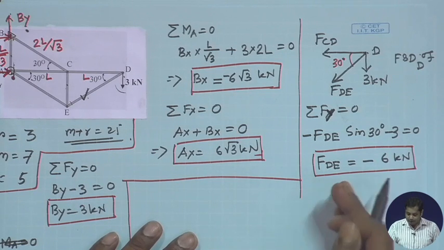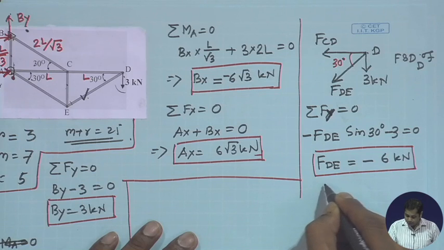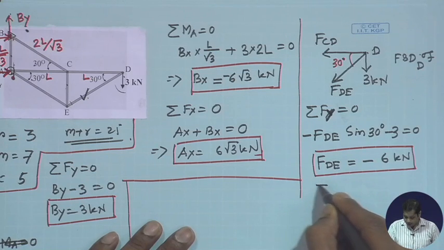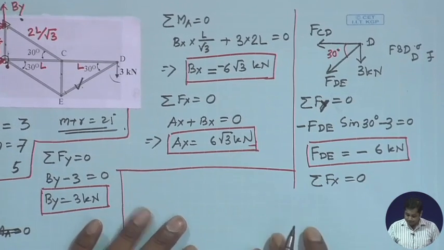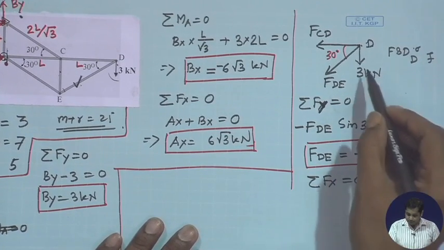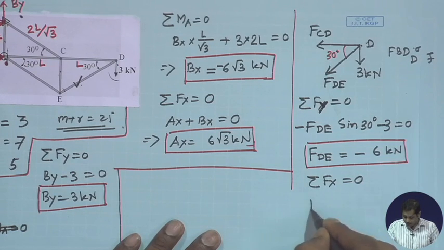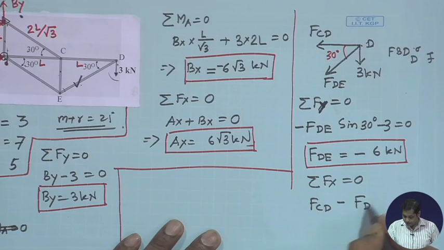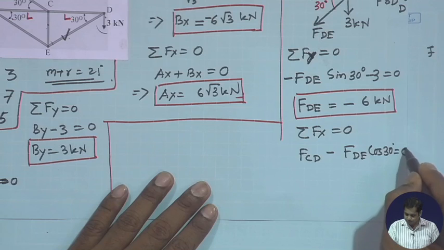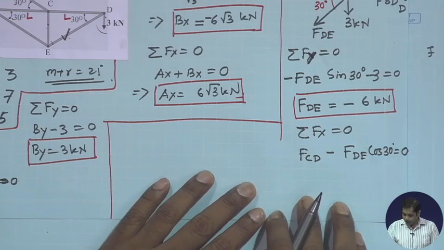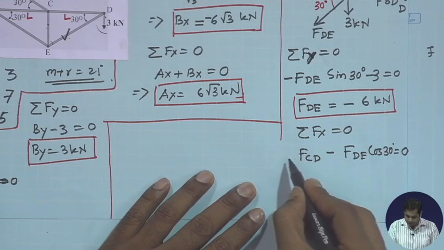Now, in the same equation, if we take summation of same free body diagram, take summation of Fx is equal to 0, then what we have? We have FCD minus FD cos 30 is equal to 0, right. Okay. This is again negative.